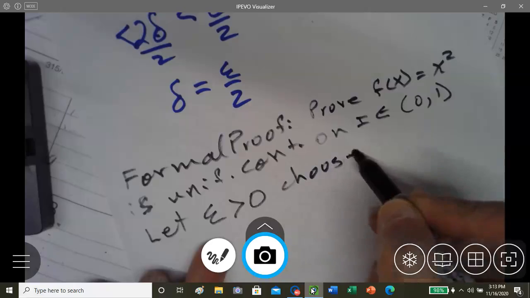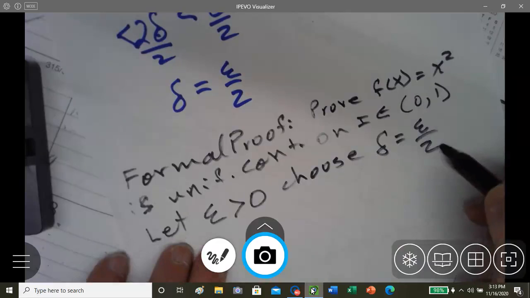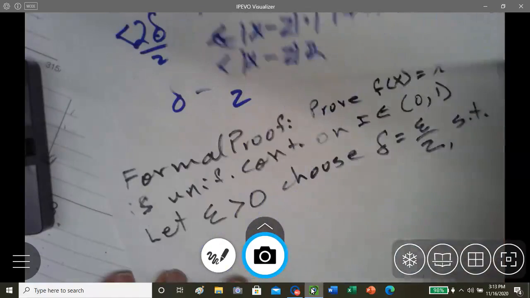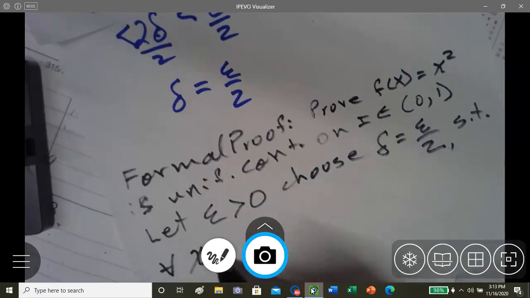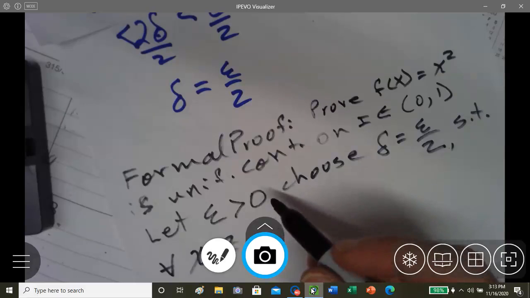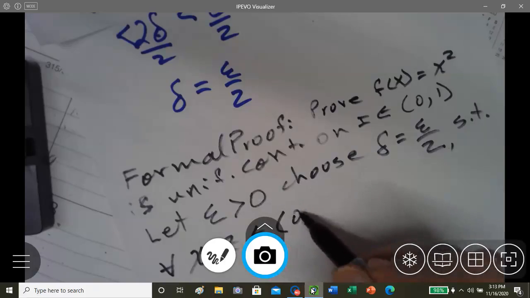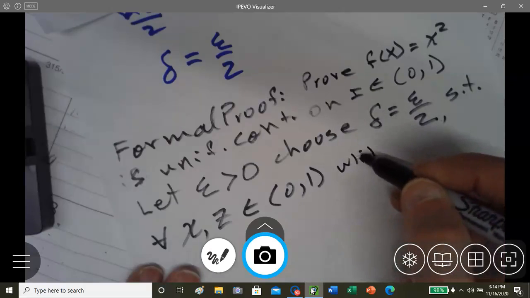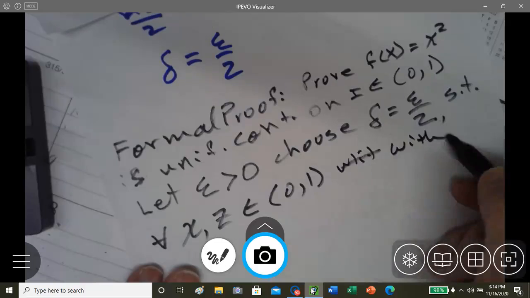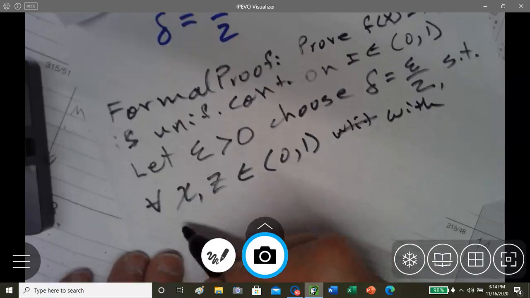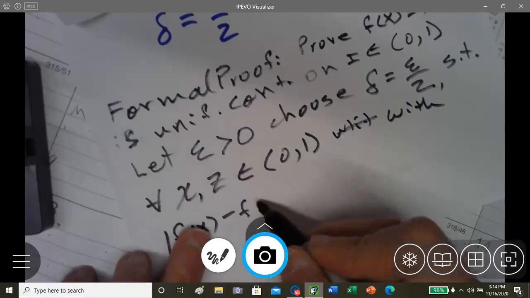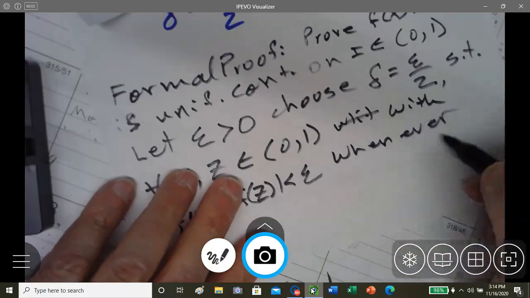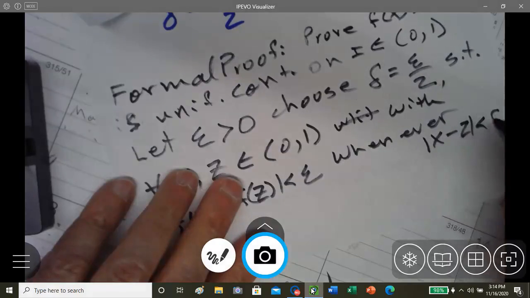We choose delta equal to epsilon over 2 such that, so now we're just basically rewriting what we did here, such that for all x and z that are elements of our interval from 0 to 1, the absolute value of f of x minus f of z is less than epsilon whenever the absolute value of x minus z is less than delta.